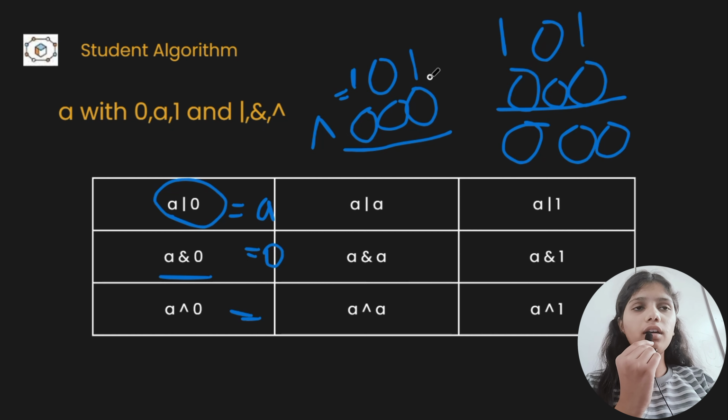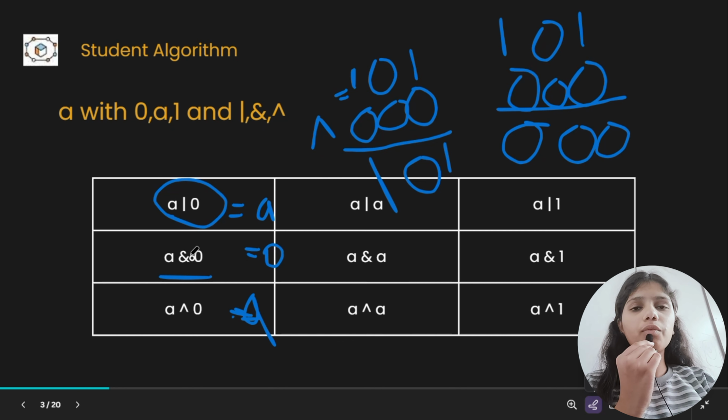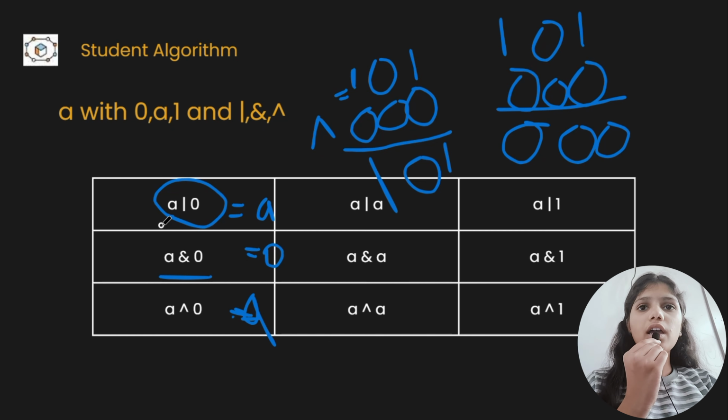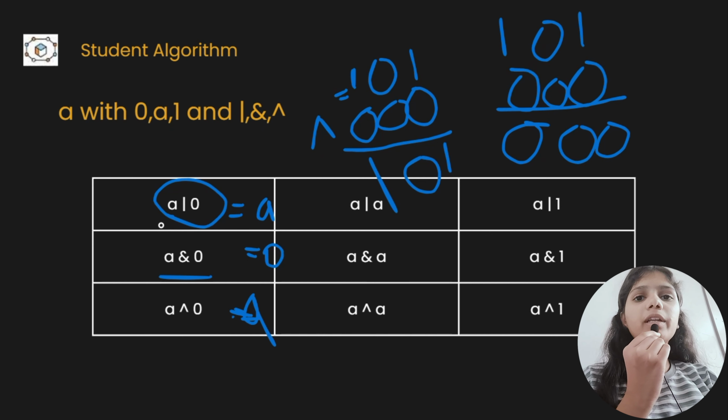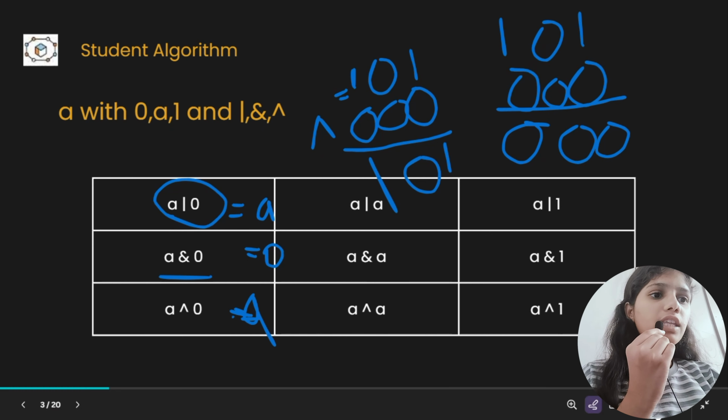We'll be getting 1 XOR 0, which is 1, because different numbers give 1 and same numbers give 0. So the result will be equal to A. Till now, we have understood that when we perform A OR 0, that results in A. If you perform AND operation with 0, then it results in 0, and if you perform XOR operation with 0, then that results in A. So we have seen this observation, right?